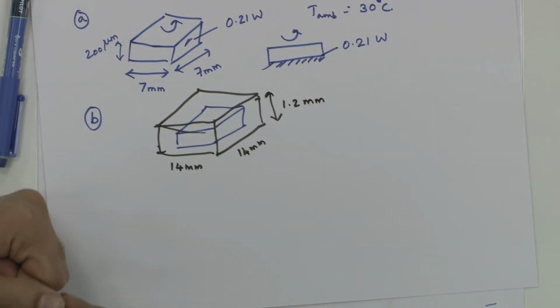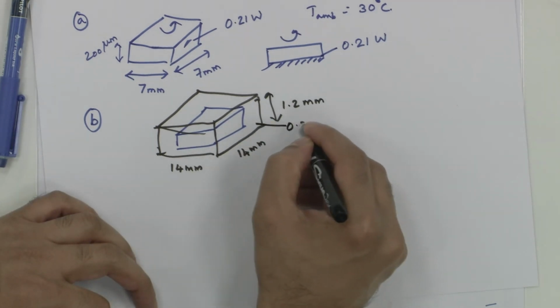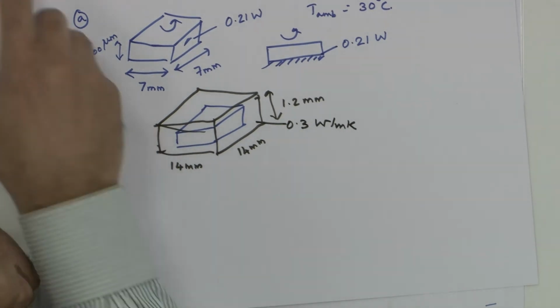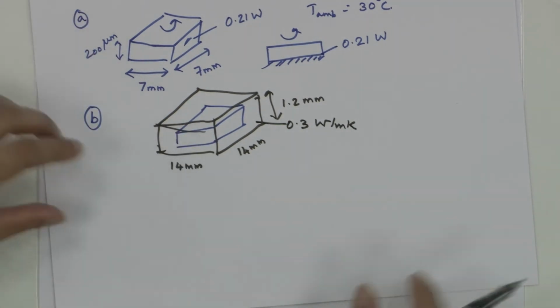The question is, having this molding material whose thermal conductivity is only 0.3 watt per meter Kelvin, will it improve the junction temperature or not?